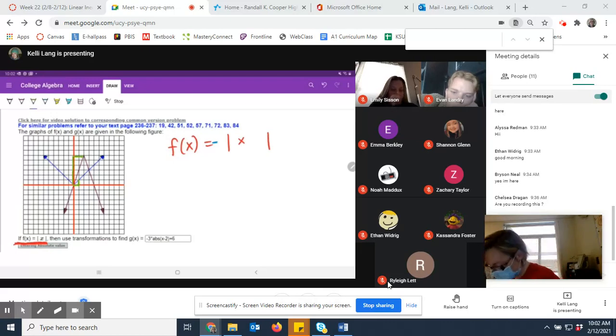A 2 to 6, I guess this is, or a 1 to 3. It's got like a 1 to 3. So the new line has a slope of 3 or negative 3, whereas the old line only had a slope of 1. That means that we were stretched 3 times our parent function. We were stretched by a factor of 3.